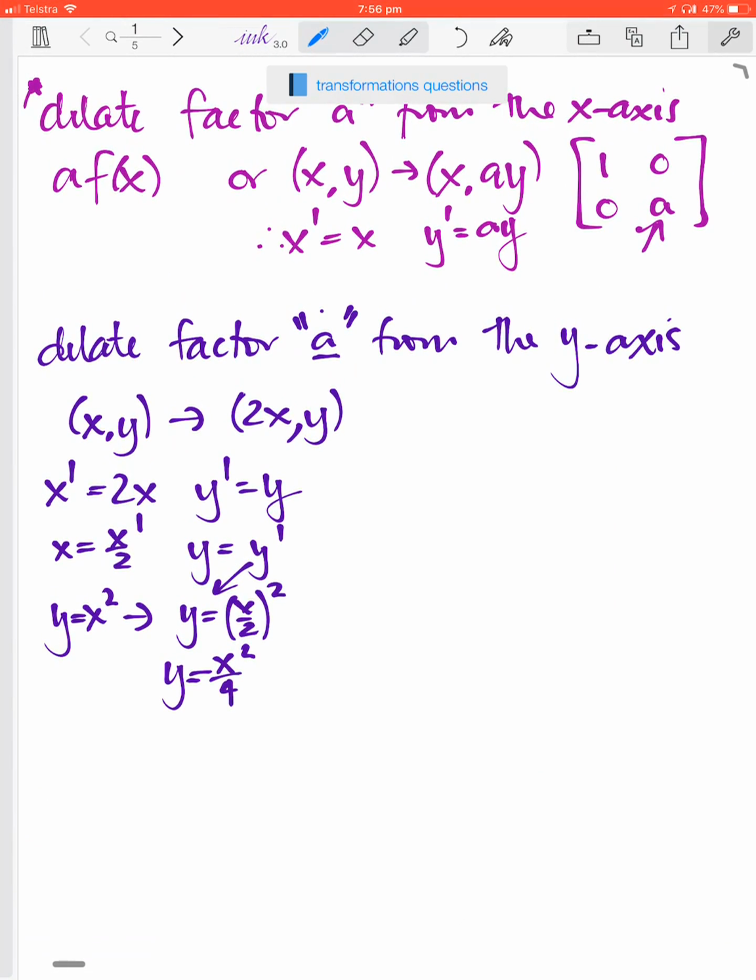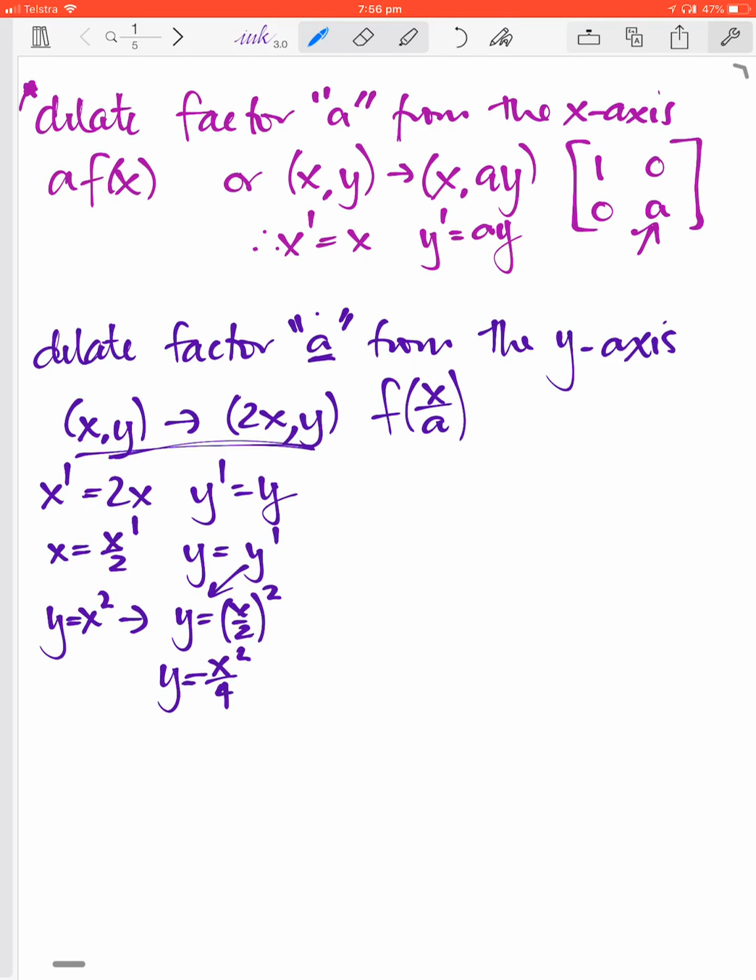Okay, so this is showing it through image equations. In function notation, it's just f of x on a. So if I want to dilate 2 from the y-axis, that's the same as f of x on 2.